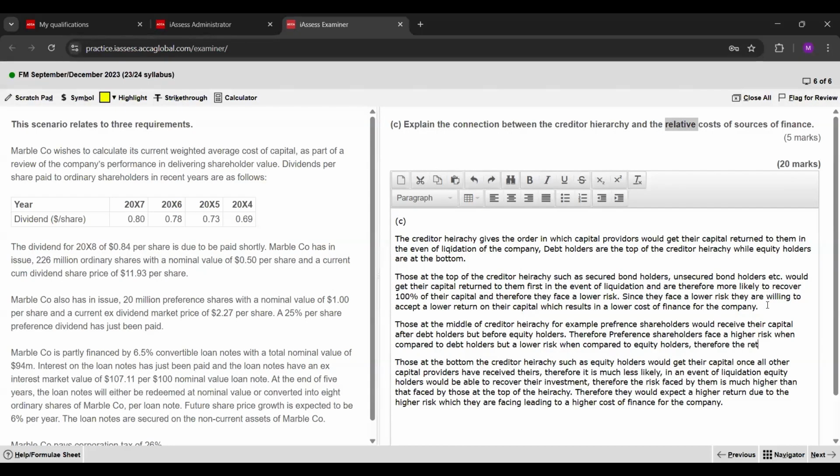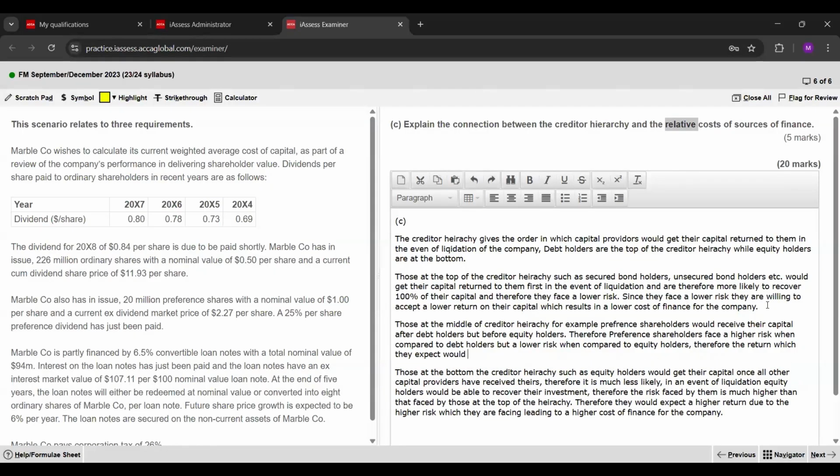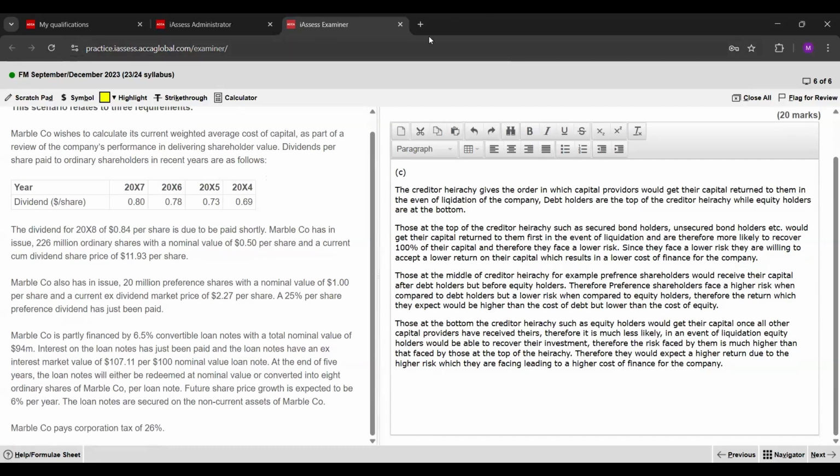Therefore, the return which they expect would be higher than the cost of debt, but lower than the cost of equity. Okay, that's enough. 5 marks. Very simple. Simply you have to explain what the connection is, how the creditor hierarchy is affecting the risk of the investor and thereby affecting the cost of finance.